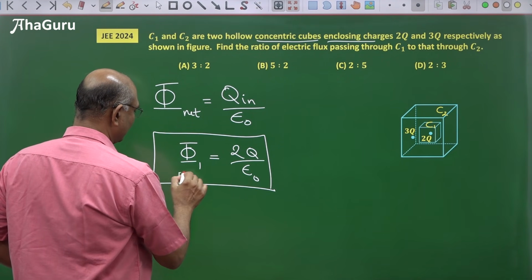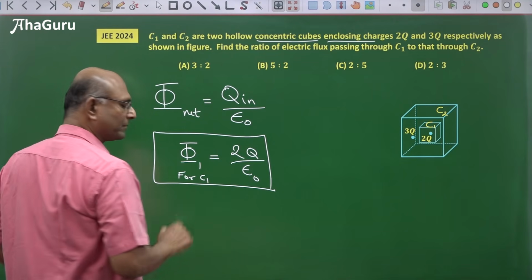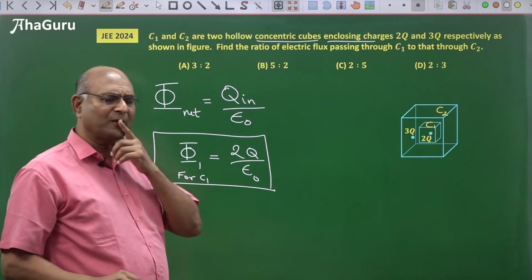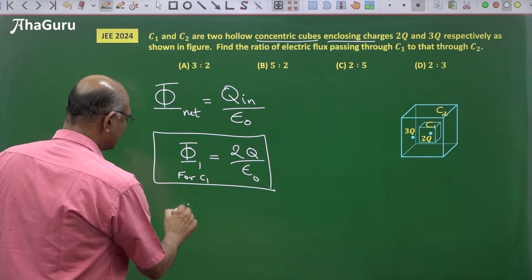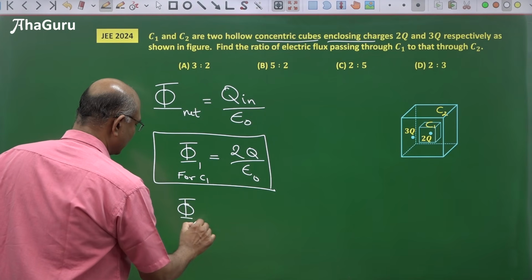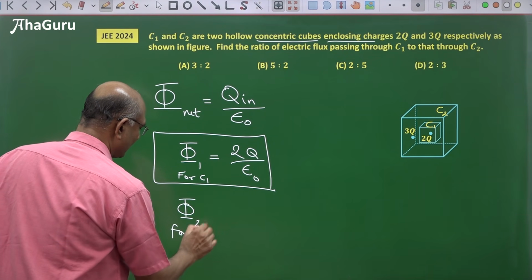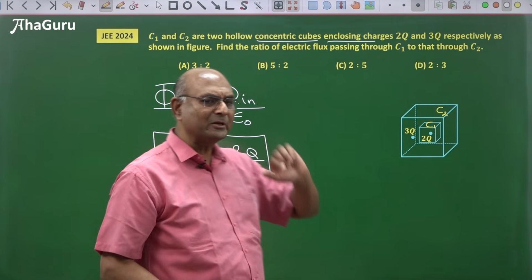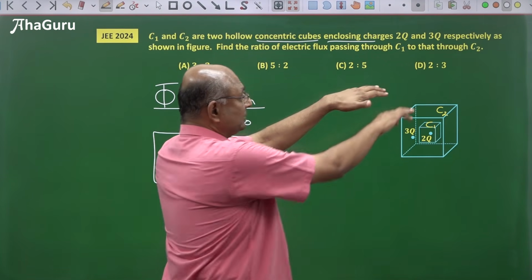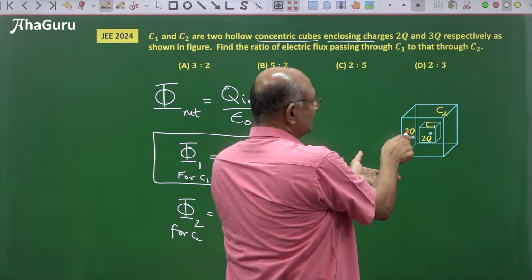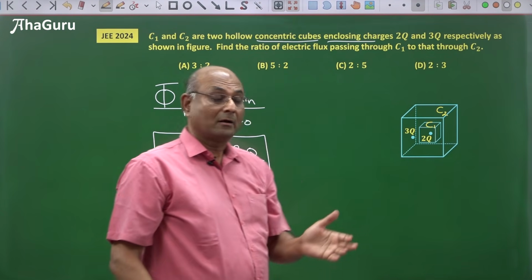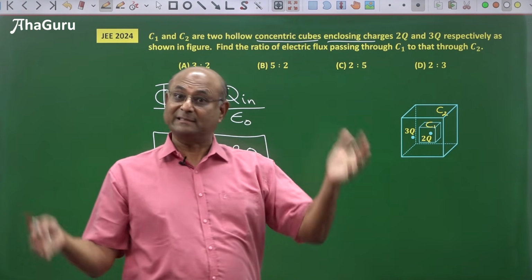What about flux through C2? Should I say 3q by epsilon naught? No. Because if you take this cube, this is also inside, that is also inside. Well, that is inside C1, it doesn't matter, it's still inside.